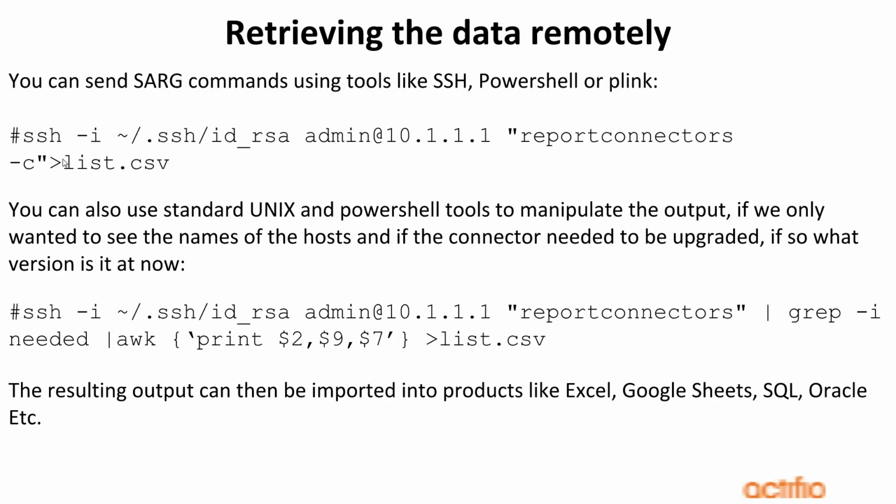In my example, we've got report connectors -C for a CSV, and then we redirected the output, which works in PowerShell too with the right syntax, to list.csv. Maybe you want to capture that in a file and then feed it into Excel, SQL, Oracle, Google Sheets, what have you. All of these reports are built to import cleanly into all of these platforms.